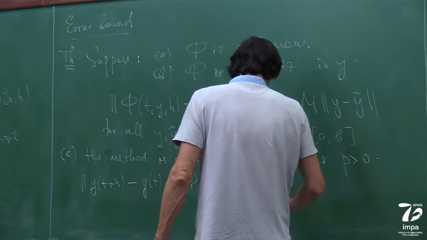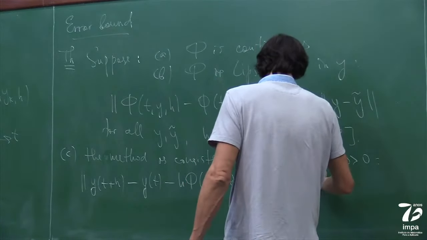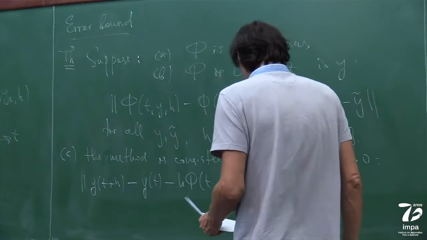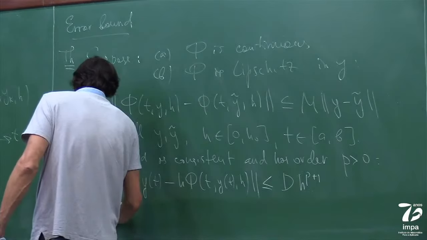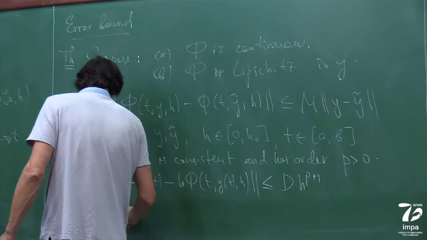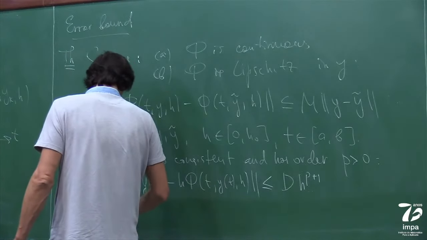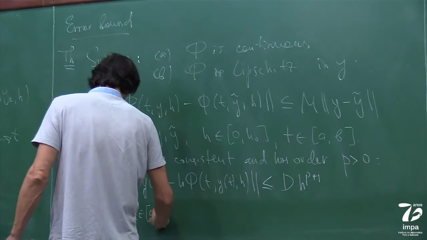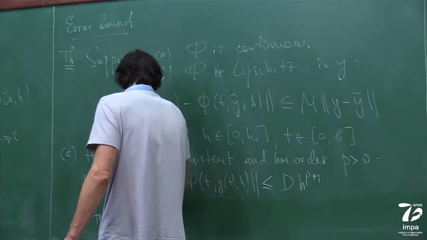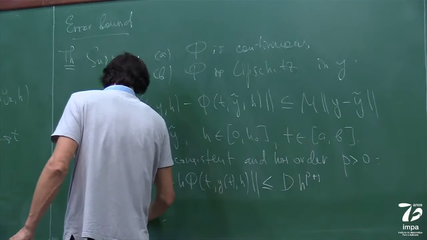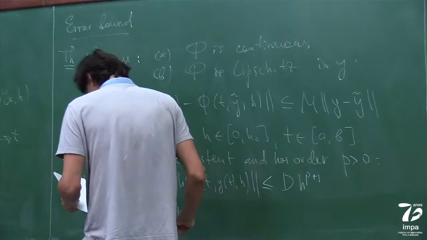In principle, it can be written as an exact inequality: it's smaller than d h^(p+1) for some d. This is for all times and h.